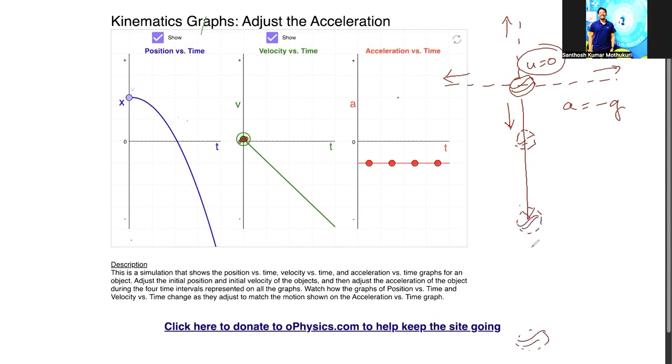As it's a uniformly accelerated body, because g on the surface of the earth is always close to 9.81 meters per second squared, you can see there is a constant increase in the velocity in the downward direction. So velocity is also along the negative direction, increasing along the negative axis.